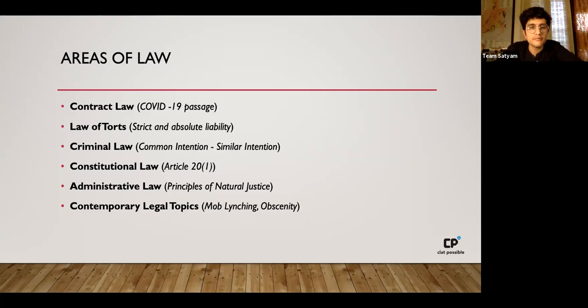So they've distributed the questions fairly across all areas of law that are generally expected in a law entrance test paper. We pointed out what kind of passage corresponded to what area of law tested in the paper.